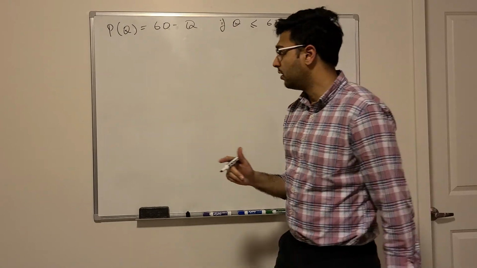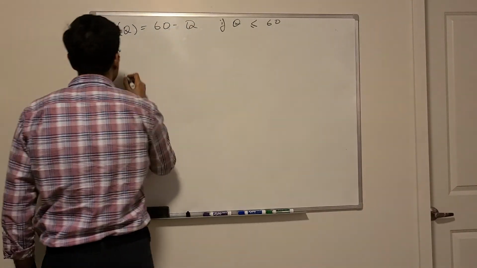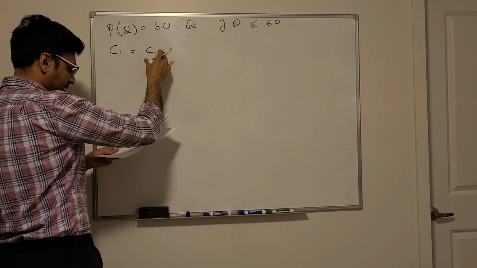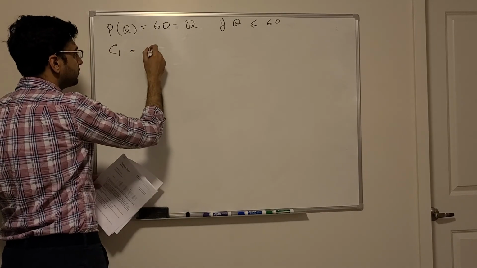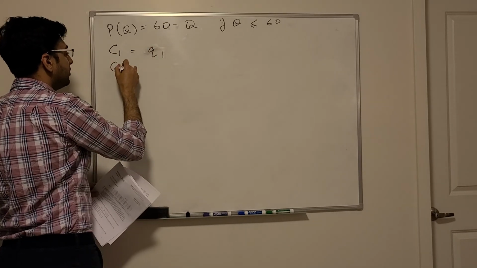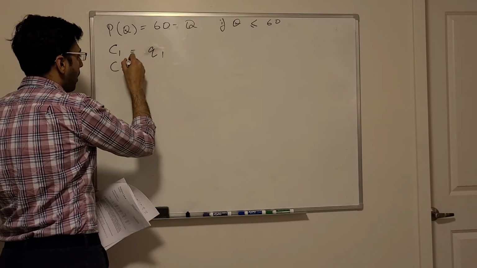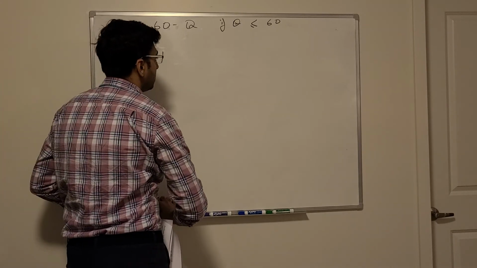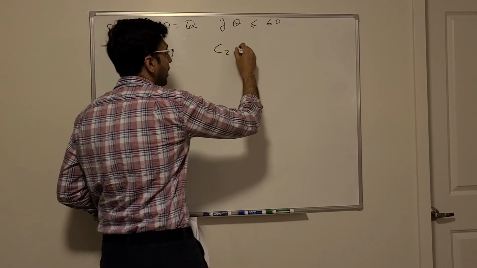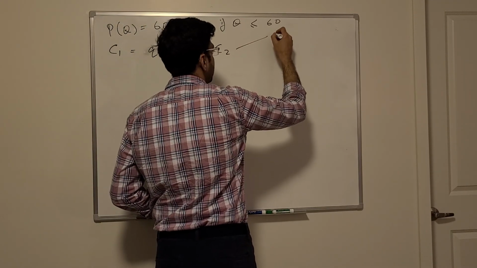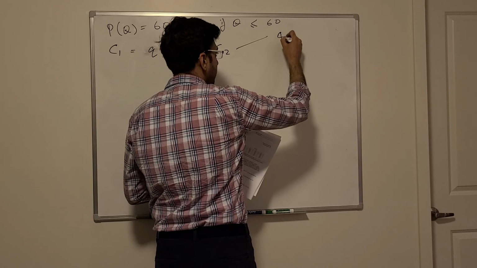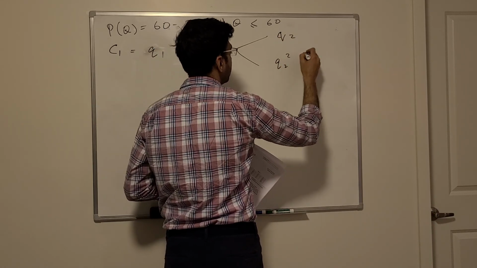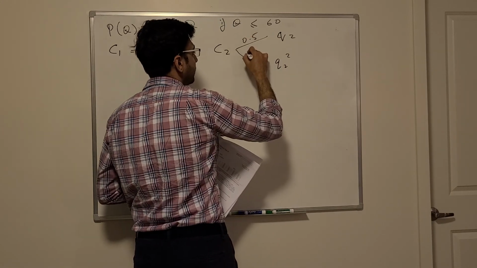Firm 1's total cost is commonly known to be C1 equals Q1, and C2 can be either equal to Q2, or it can be equal to Q2 squared, each with a probability 0.5.